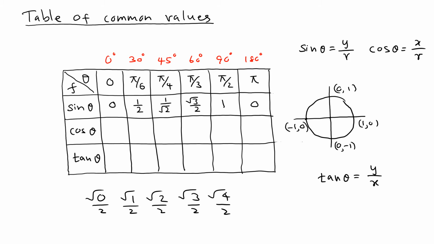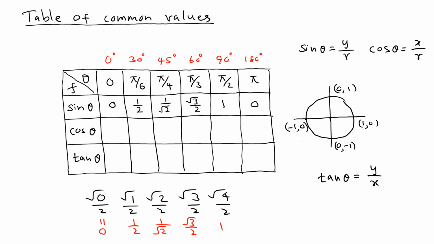Those are the values in the sine row. Once you simplify, this is simply 0, this is 1/2, this you can write as 1 over square root 2, this is square root 3 over 2, you don't need any changes, this is 1.